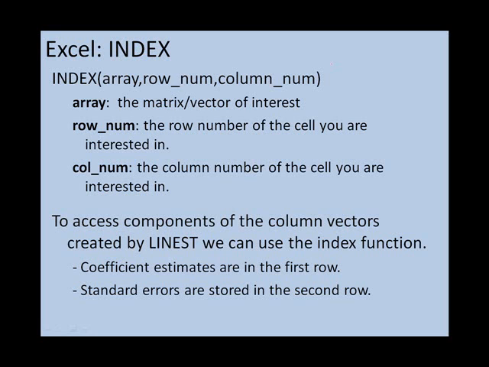To do that, we use the index function. The first argument for the index function is array, which means you have to tell Excel where the vector or the matrix is that you want it to look at. And then you have to tell Excel which row number you want to go to and which column number you want to go to.